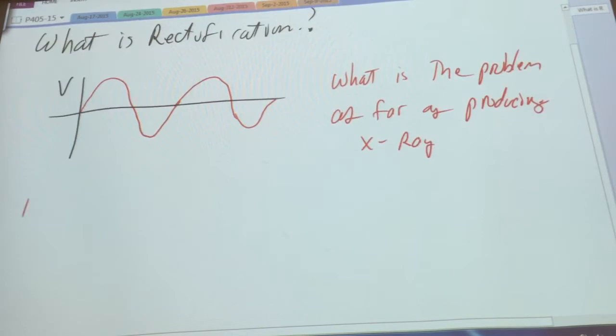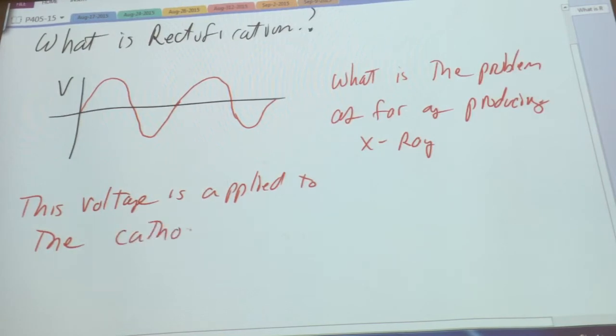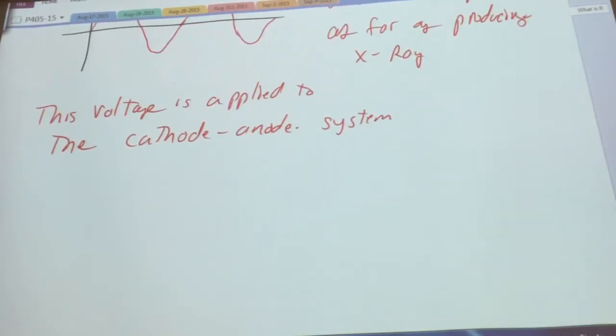No. Oh, because it would repel electrons half of the time, rather than just attract them. So we're applying this voltage to the cathode anode system, and in order to get the X-rays, the anode must always be at a higher voltage than the cathode.